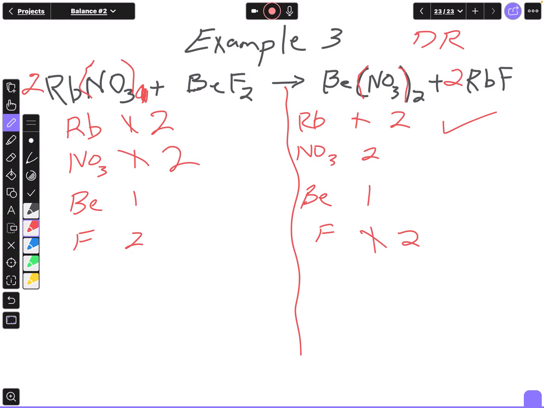So that should be balanced. So the way this reaction happens, at the simplest level, the ratio of the molecules is 2 molecules of RbNO3 react with 1 molecule of BeF2 to produce 1 molecule of Be(NO3)2 plus 2 molecules of RbF.